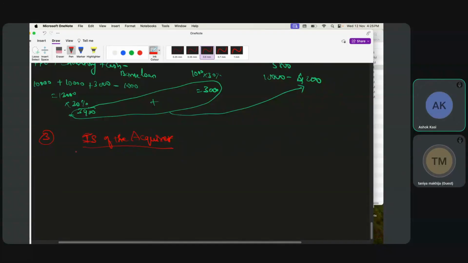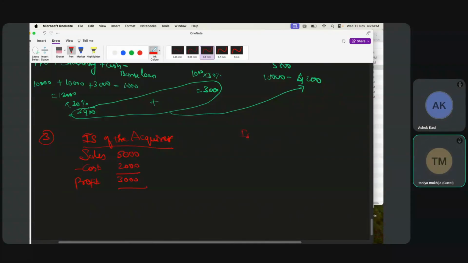Income statement of the acquirer: sales 5,000, cost 2,000, profit 3,000.